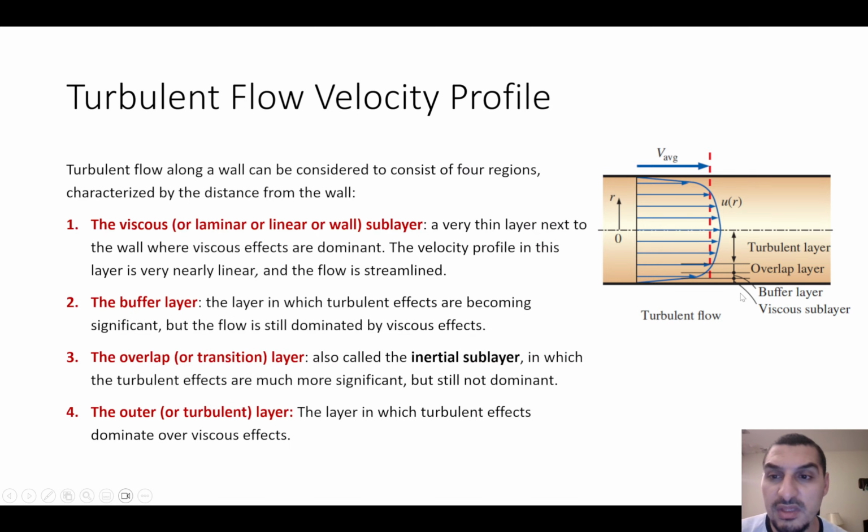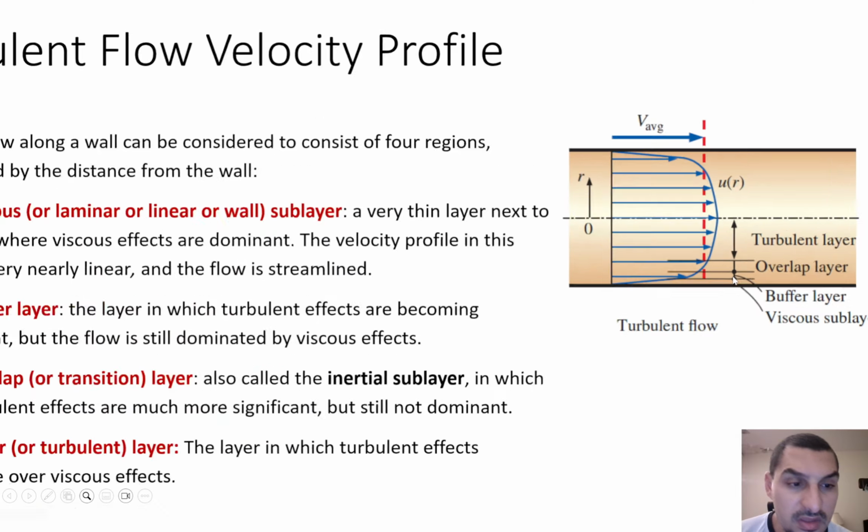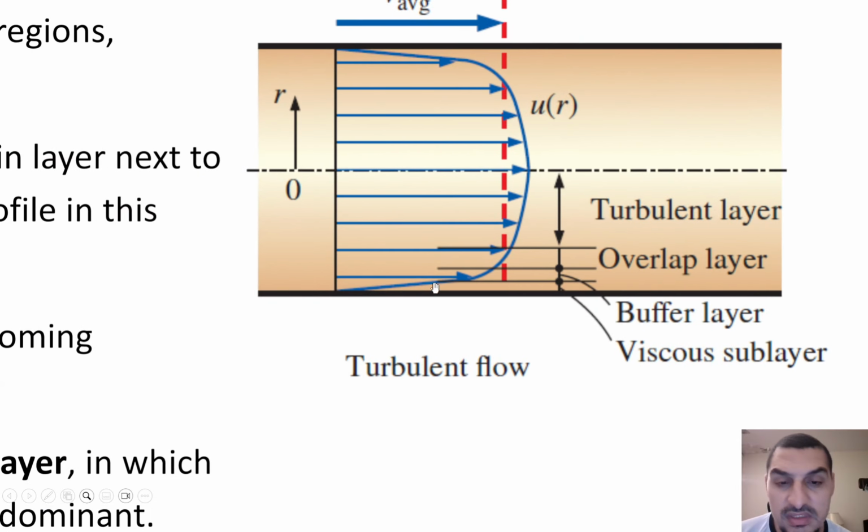So we have this viscous layer. This is the layer that is adjacent to the wall of the pipe, the one that touches the wall and the few layers adjacent to it. So this is 100% affected by the viscous forces.